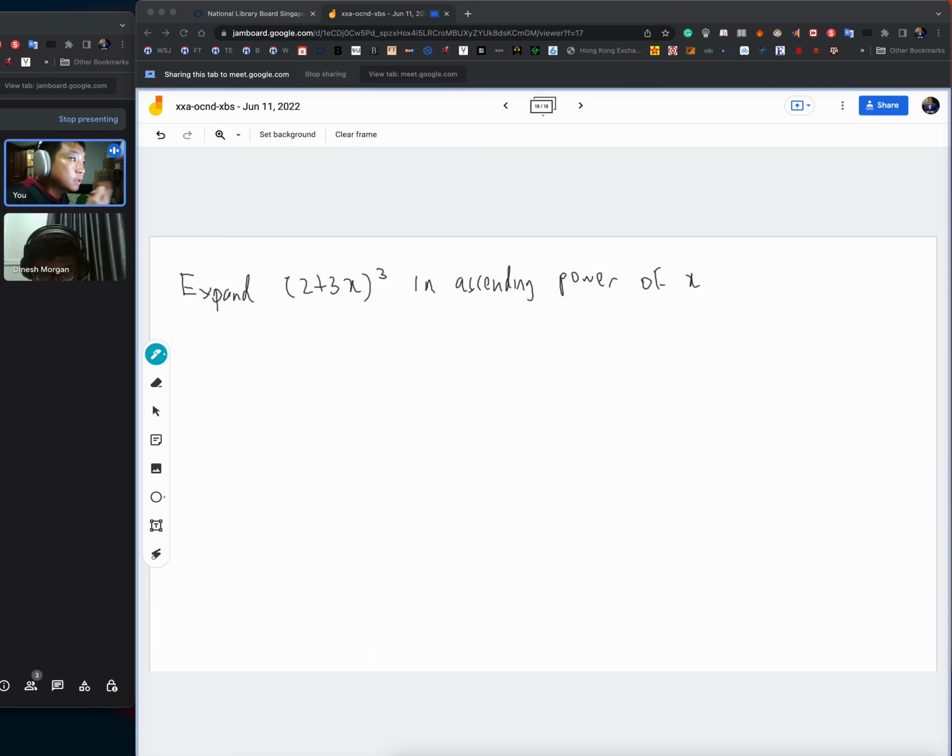So I think this question is easy, right? This is cubic only. You don't even need to use the binomial expansion method to get this, right?